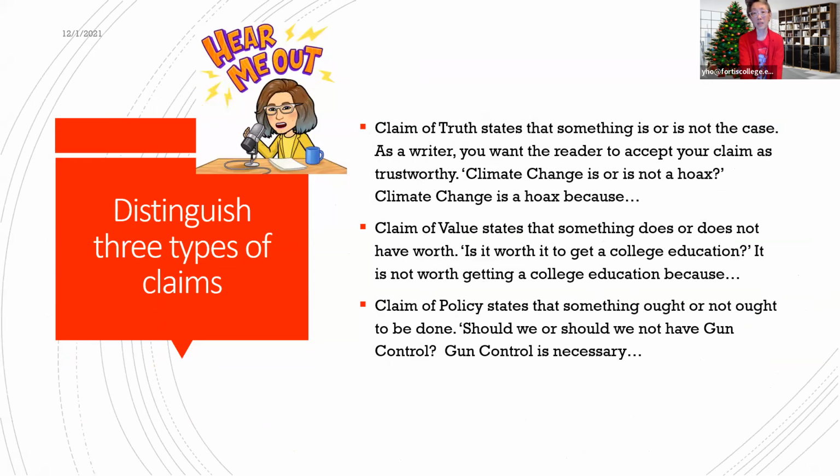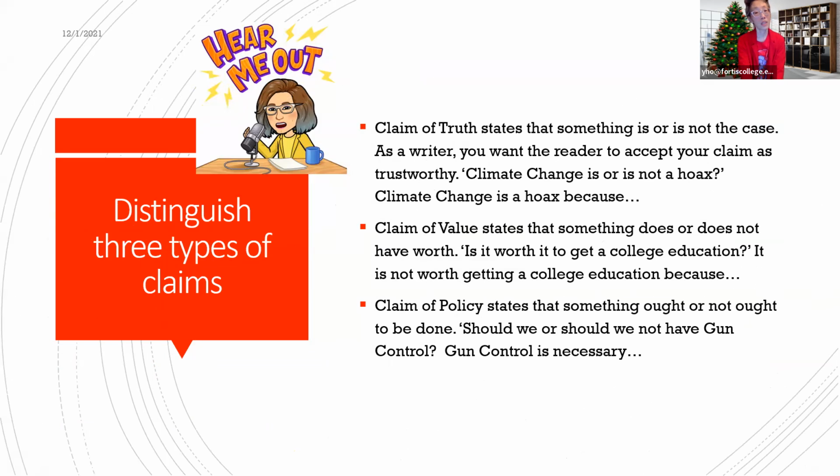There are 3 kinds of thesis statements and 3 kinds of claims. You have the claim of truth, where you claim that something is or is not the case. As a writer, you want the reader to accept your claim as trustworthy.